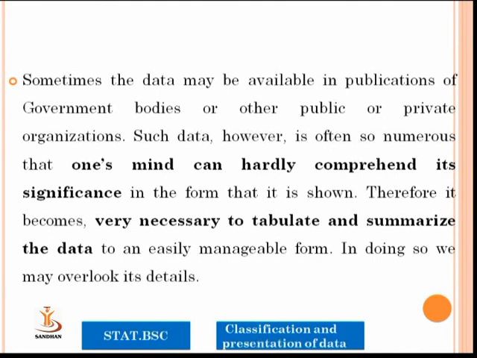However, it is so numeric that one's mind can hardly comprehend its significance in the form shown. Therefore, it becomes necessary to tabulate and summarize the data into an easily manageable form. In doing so, we may overlook its detail.